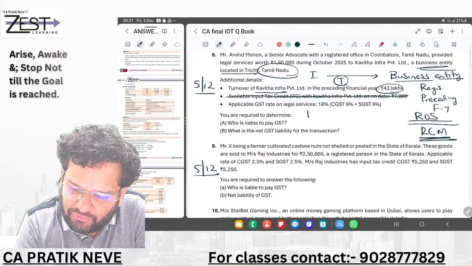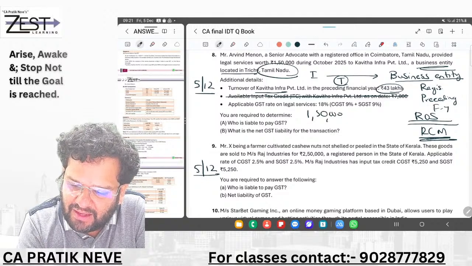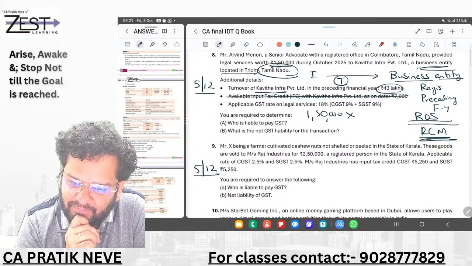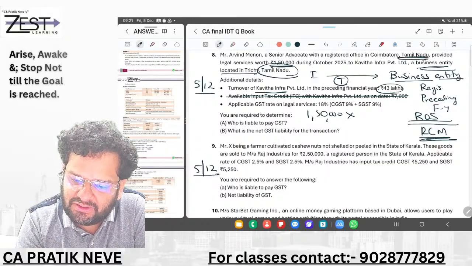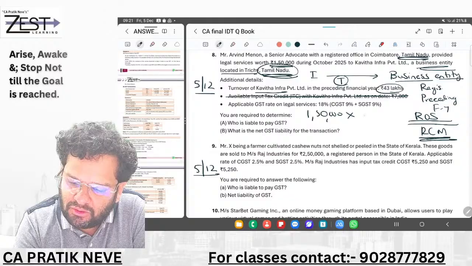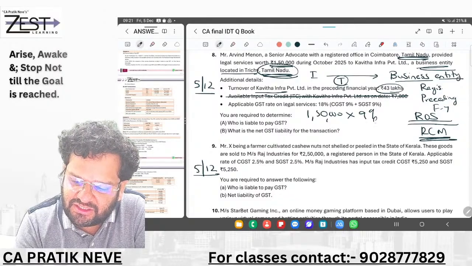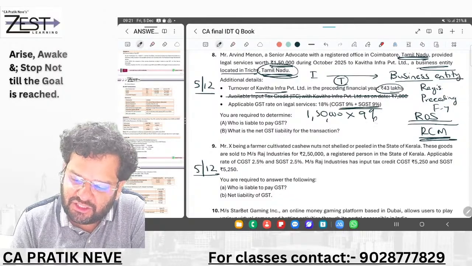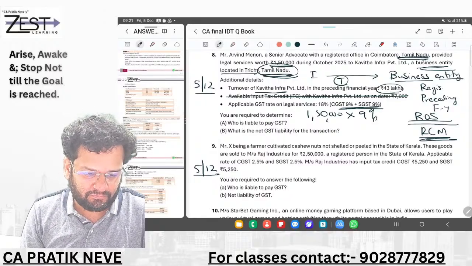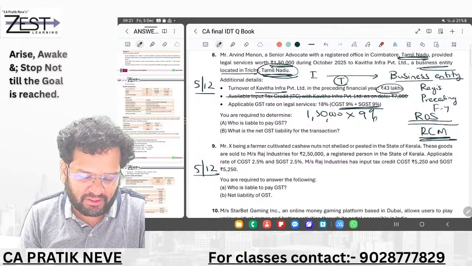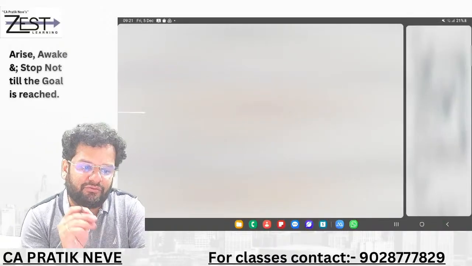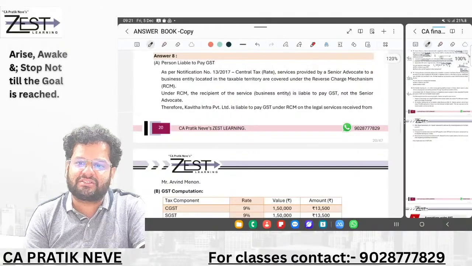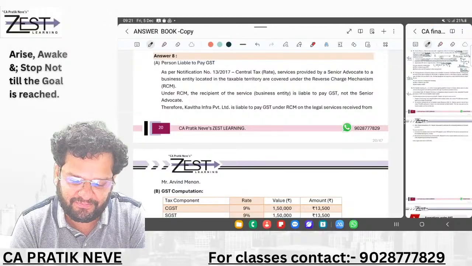So 1,50,000 is the value given. He was a senior advocate in Tamil Nadu, providing service to a business entity in Tamil Nadu. Calculate CGST, SGST at 9% each. So it's going to be 13,500 each. Kavitha Infra will be liable to pay GST on RCM basis.